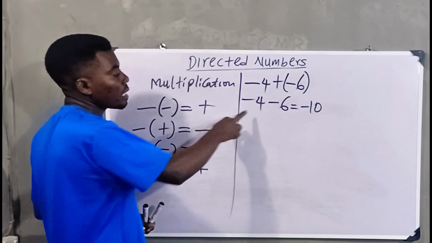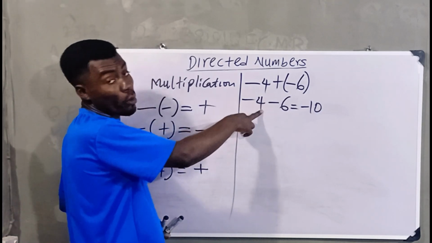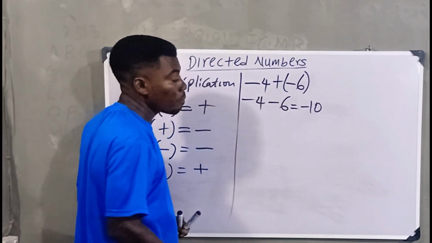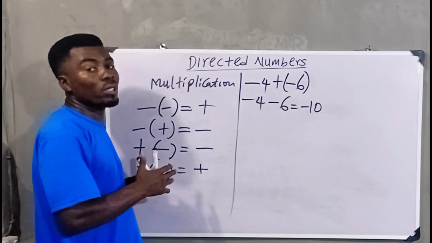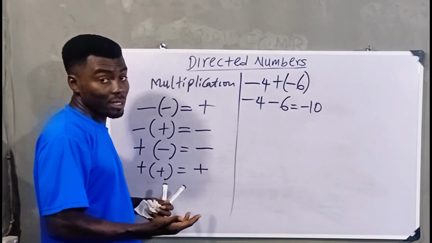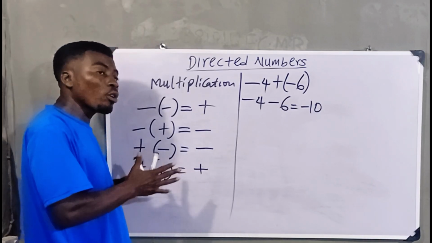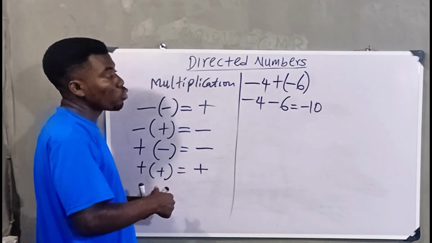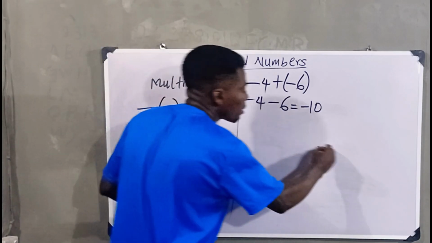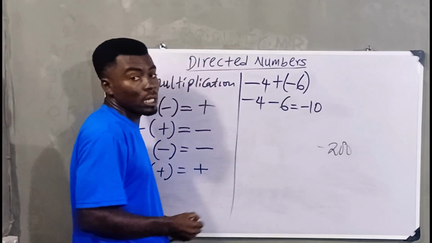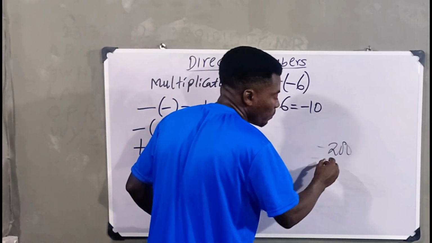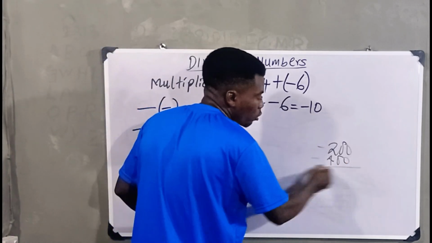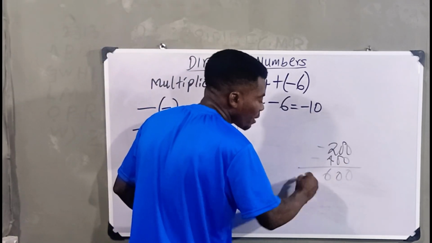So if you borrow the first time and then borrow the second time, your debt increases. They add up the sum of money you are owing. Let's say you borrowed 200 naira from MTN and then borrowed the second time 400 naira. In total, you'll be owing them 600 naira.